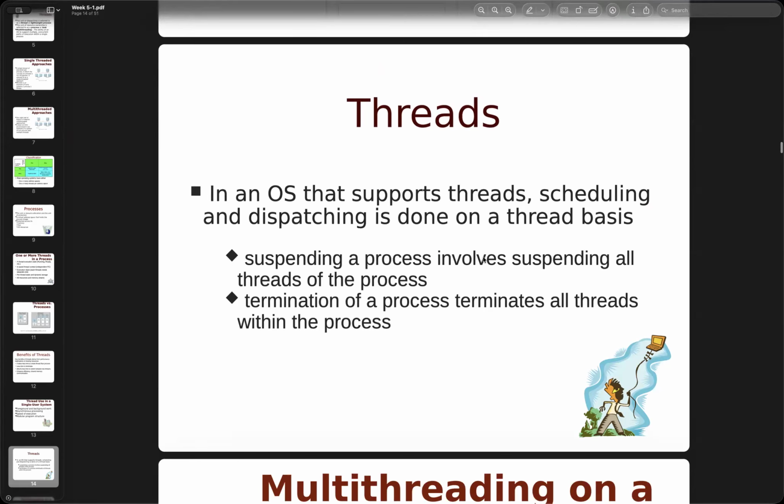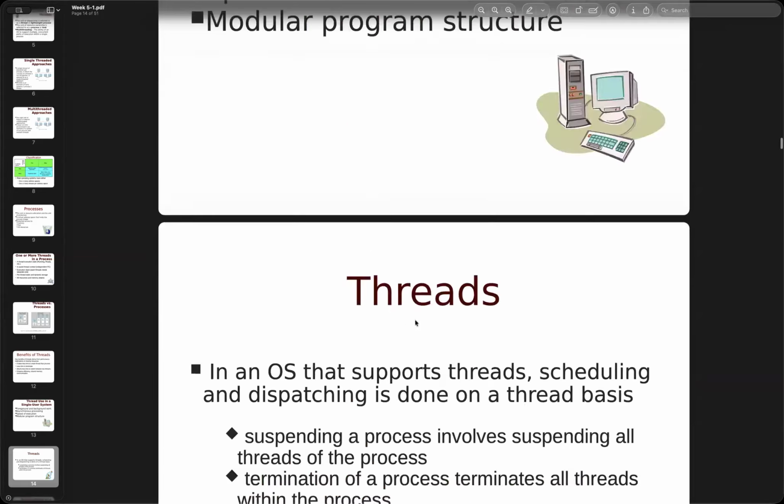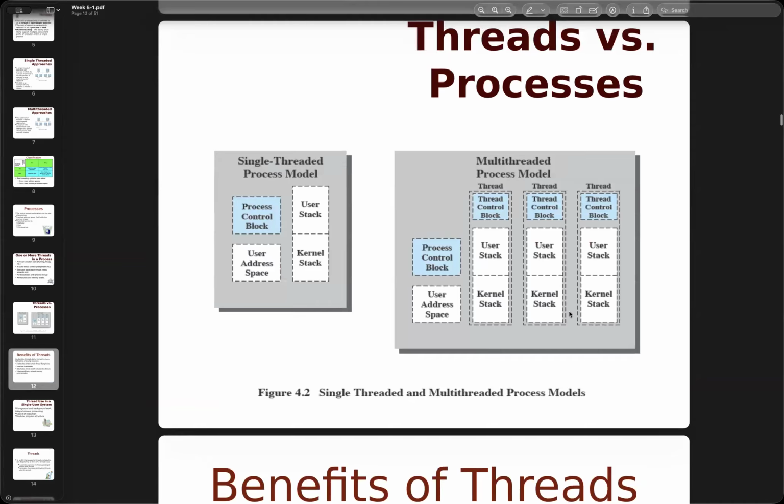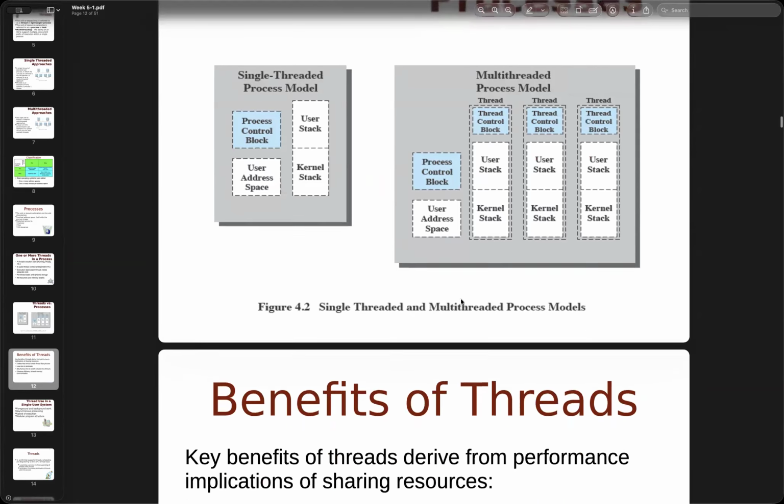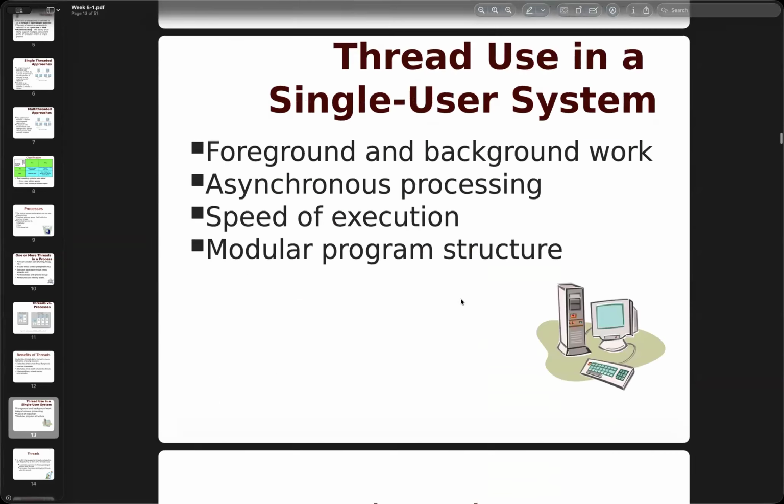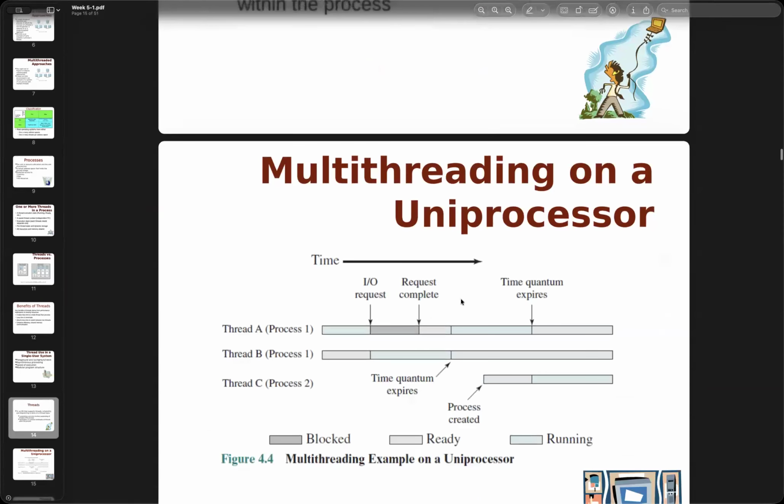If you remember, we have waiting for event, or sometimes we have a suspend state. No matter whether we terminate or suspend this process, all the threads will be suspended or terminated. So it's pretty straightforward.